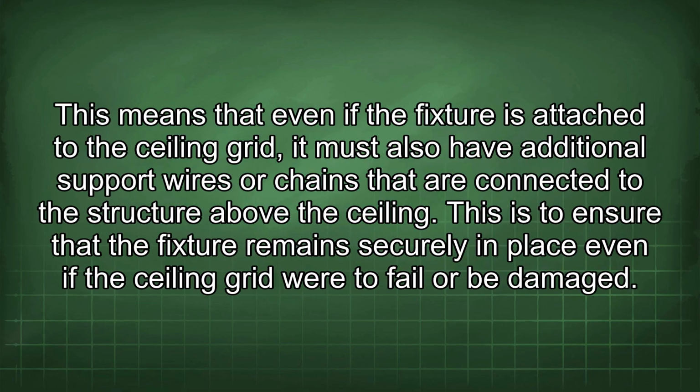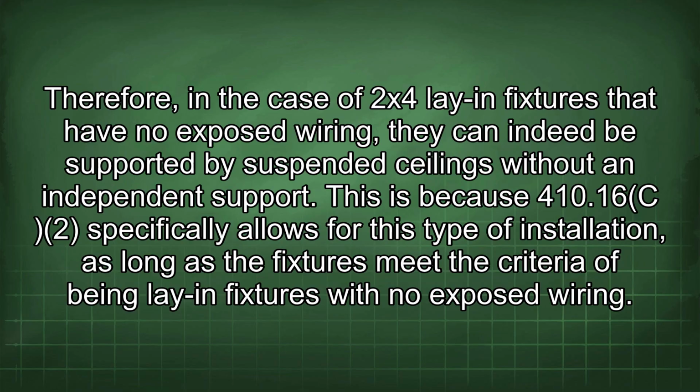This means that even if the fixture is attached to the ceiling grid, it must also have additional support wires or chains that are connected to the structure above the ceiling. This is to ensure that the fixture remains securely in place even if the ceiling grid were to fail or be damaged. Therefore, in the case of tukes for lay-in fixtures that have no exposed wiring, they can indeed be supported by suspended ceilings without an independent support.